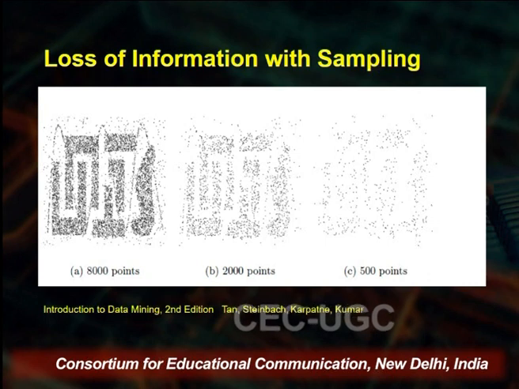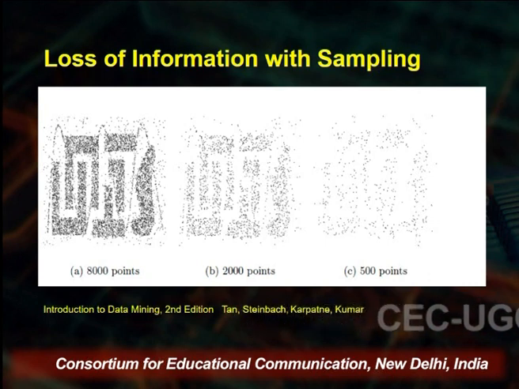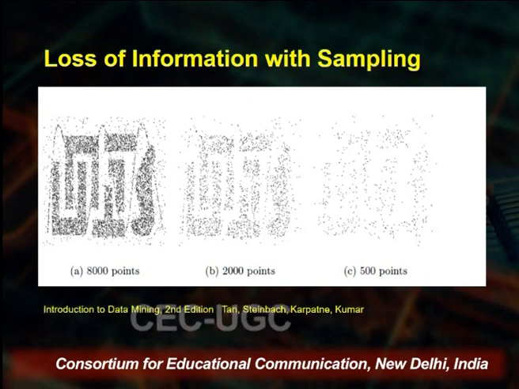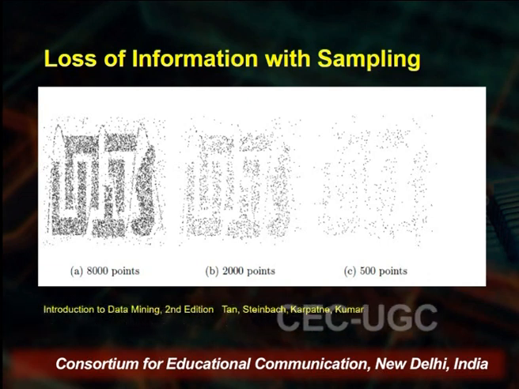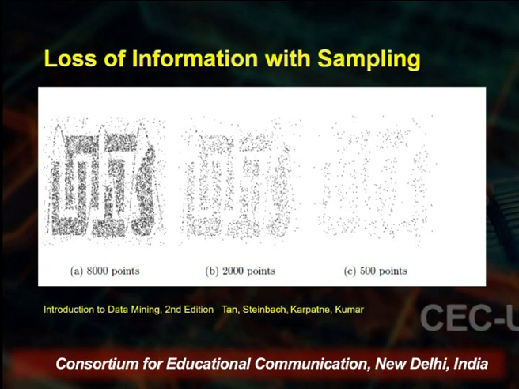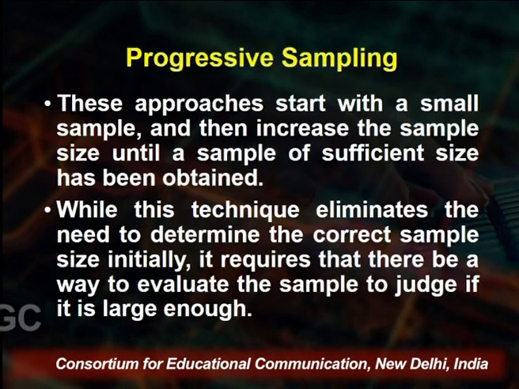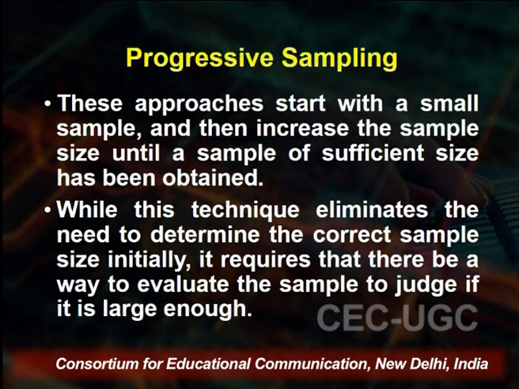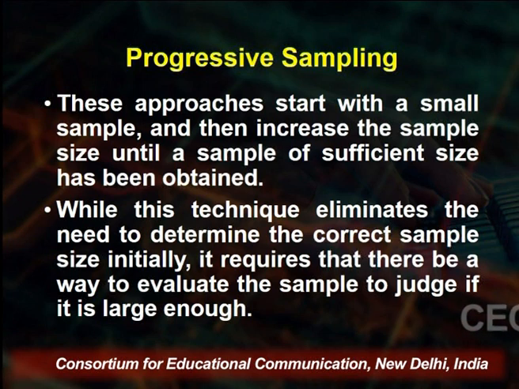Hence it is very important that we choose the correct sample size, because otherwise sampling can lead to loss of information, loss of important detail which is present in the data. Now progressive sampling is a different approach, because we are looking at how information can be lost by choosing a wrong sample size, right.